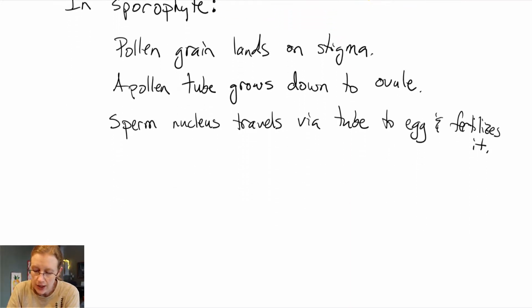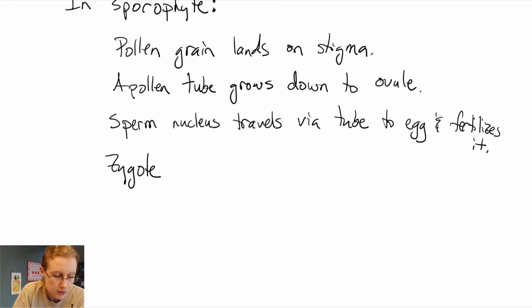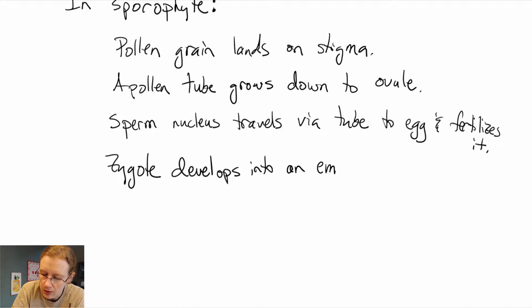So a fertilized egg, now this is called a zygote. It's going to be diploid. That diploid zygote will develop into an embryo, undergoes cell division, develops into an embryo.